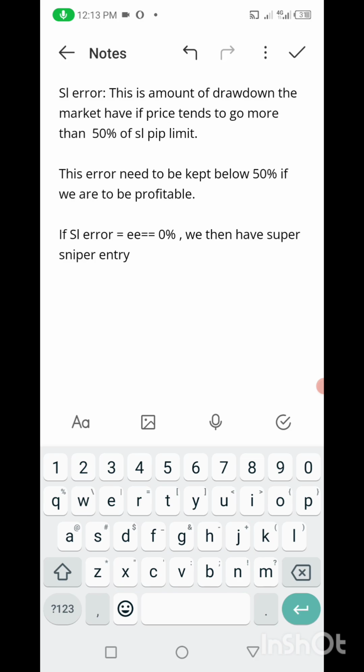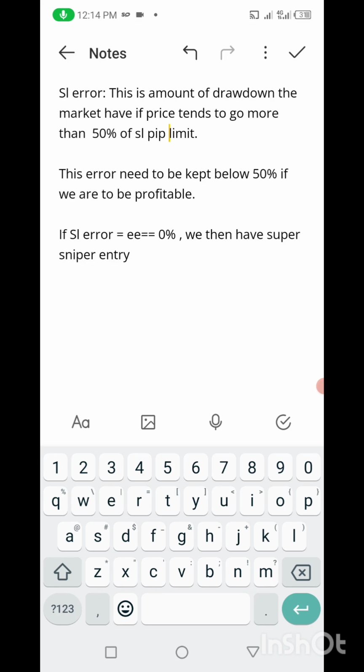Your SL error should not go beyond 50%. If it goes beyond 50%, you are gonna receive margin call, and there's probability of this SL getting triggered, and you will be taken out of the market and you lose your money, right? If SL error equals entry error equals 0%, we then have what we call super sniper entry, and that is where you can actually risk 100% of margin.